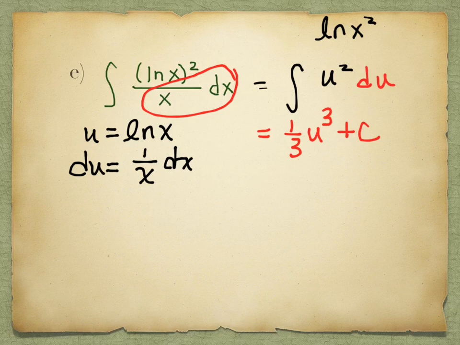And then I'll replace u, like you suggested, Cameron, so I have now 1/3 times the natural log of x, those parentheses are needed, cubed. And then we have plus c. Does that make sense? Okay. So you just have to recognize that when you have an antiderivative with a natural log, that natural log is part of what u is going to be.